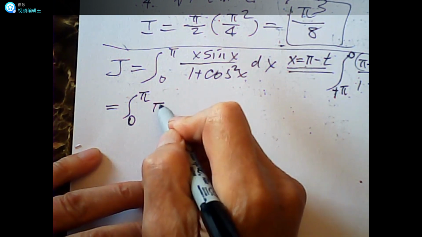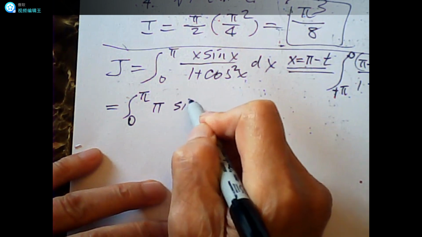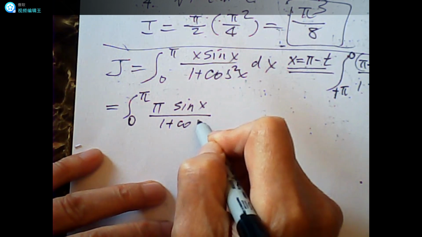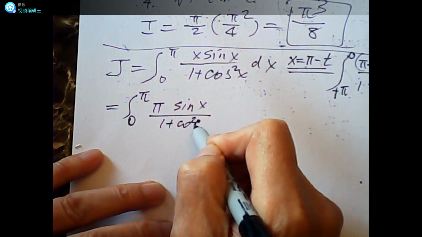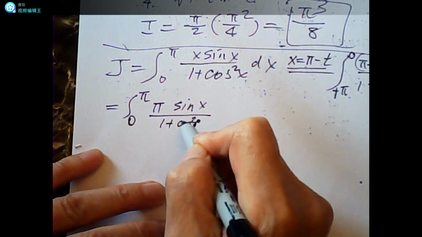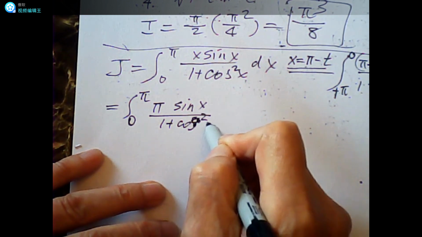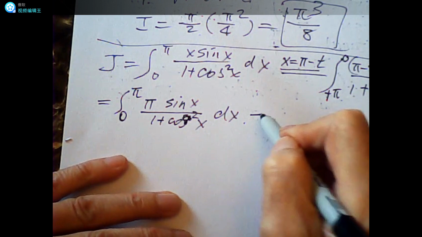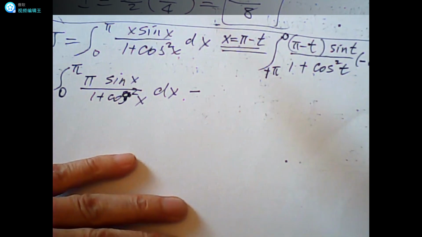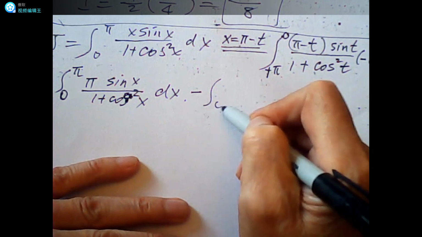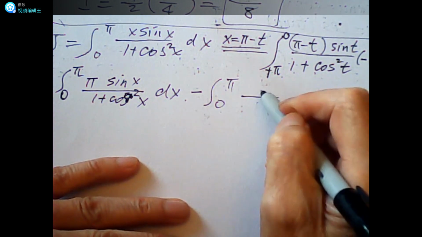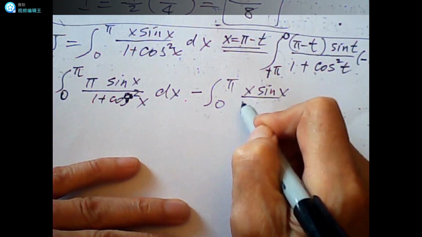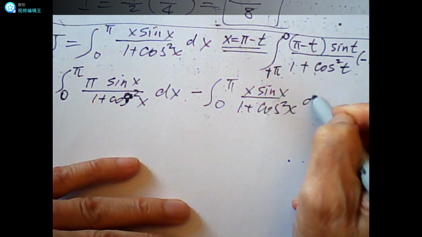So it becomes pi times the integral of sine x over 1 plus cosine square x dx, minus the integral from 0 to pi of x sine x over 1 plus cosine square x dx, where I change the t for x.